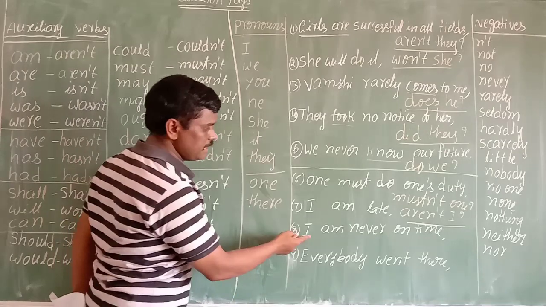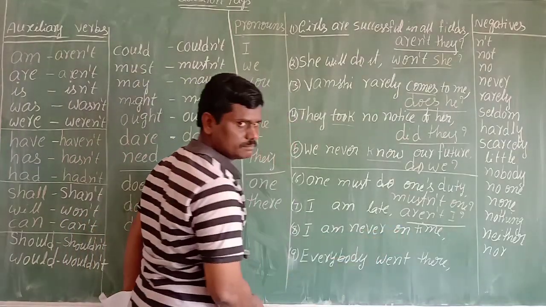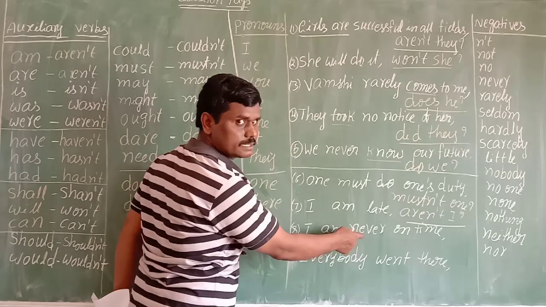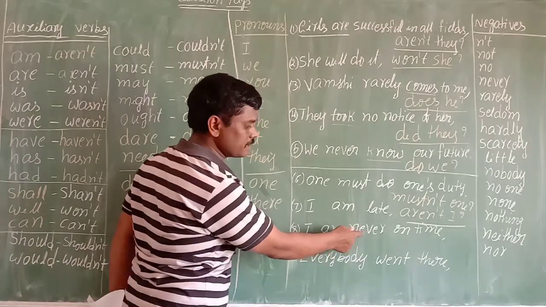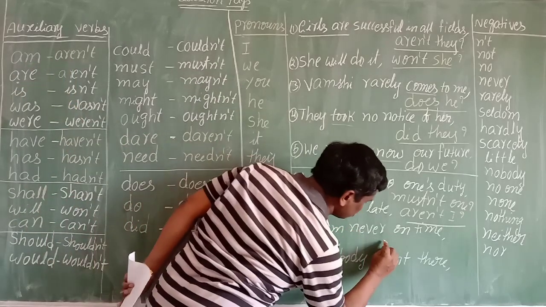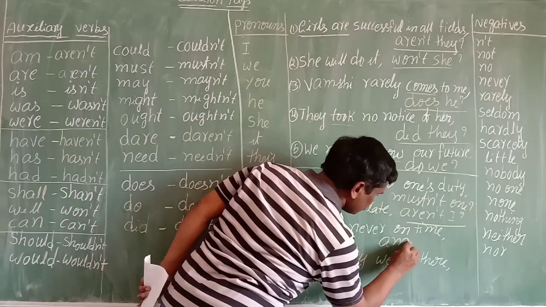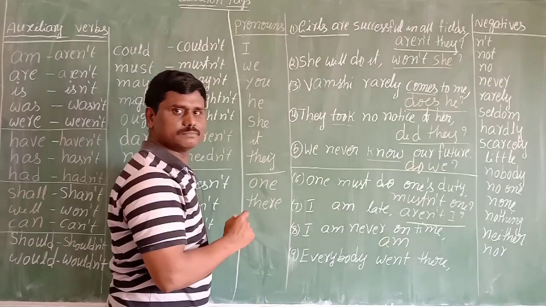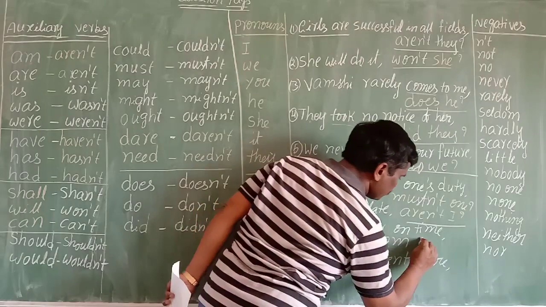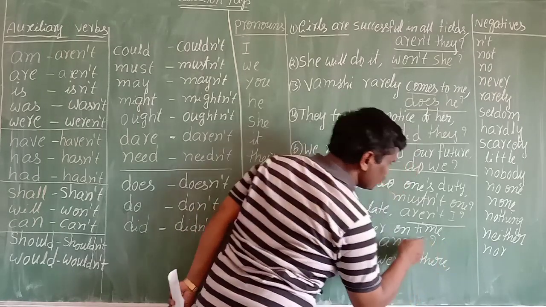For example, here see, I am never on time. Here also I am, but here the negative word never is there. Never is a negative word. That means contraction is not required. Then we write only am. These two are very important.